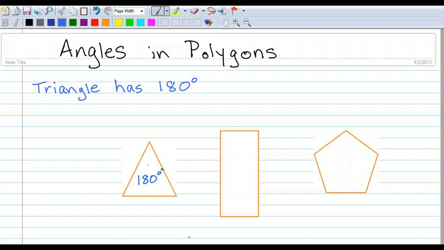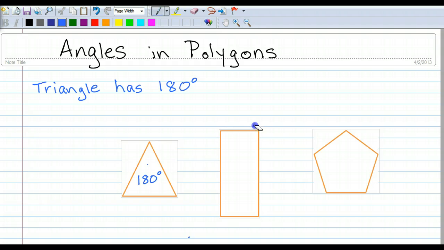So here we've got a square, well, it is a square, but it's also a rectangle. And I'm going to divide it into triangles. So I start with one of the vertex. It doesn't matter where you start. And I'm going to draw a diagonal from one vertex to the other. Now, I can't really go this way because I'm not turning it into a triangle when I do that.